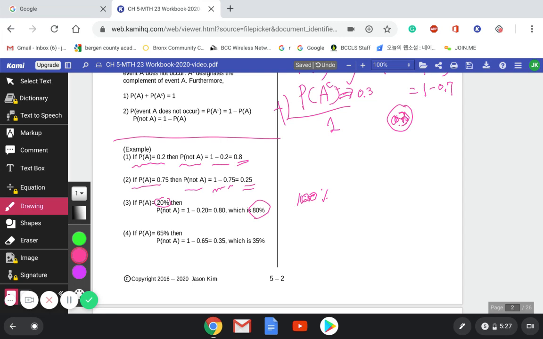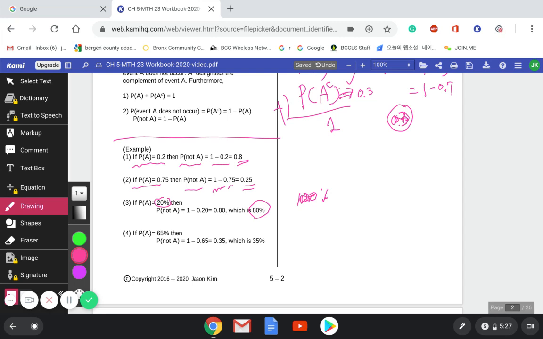But I have to point out that probability expressed in percent is not a calculatable value. So the best way to do addition, subtraction, multiplication, or division involving percent is to change the percent into a decimal.